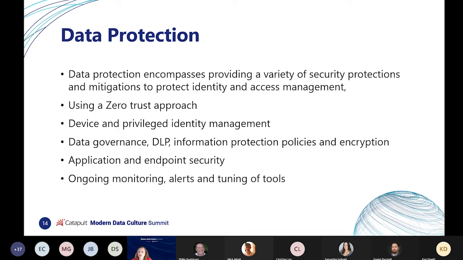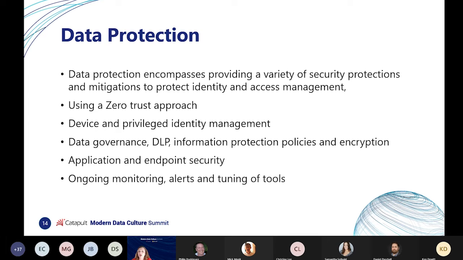We know with the different types of threats and attacks that we are currently grappling with and will continue to evolve to deal with, utilizing this and understanding that it's important to think about protecting the identity of our users and access in terms of devices and the different applications and the different services and the different ways our data is utilized and shared and stored is really important.